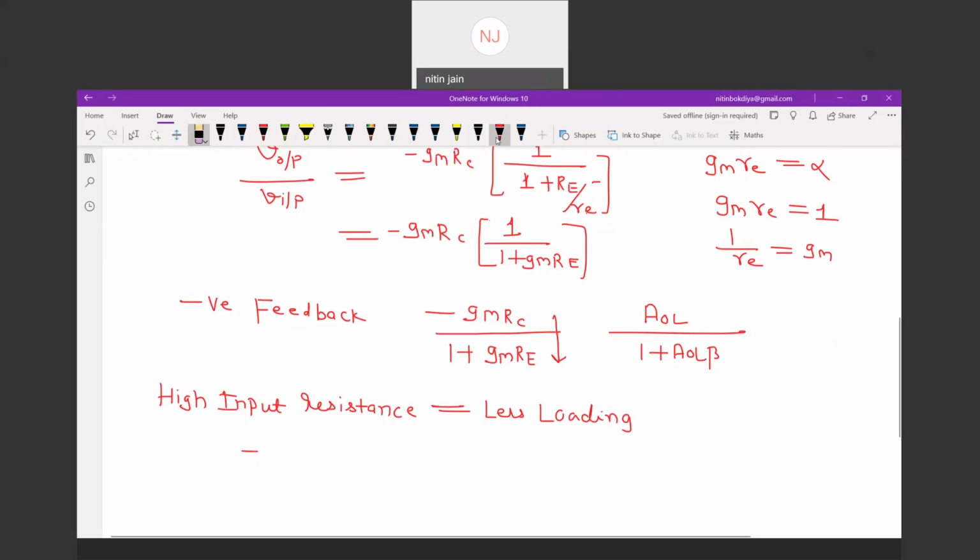is okay, this is re plus re into 1 plus beta divided by 1 plus rs.